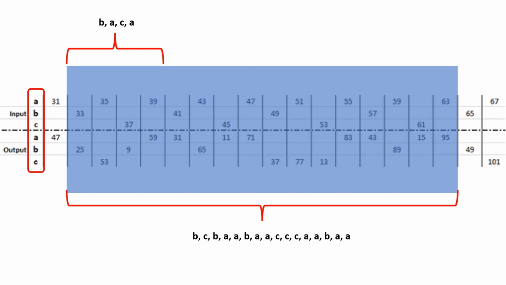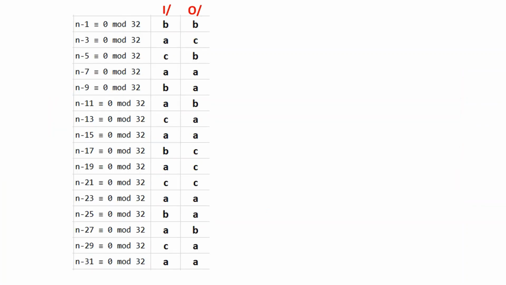For the output, we see a 16-unit combination that repeats infinitely. So what is the precise relationship between them? Each of these 16 output states is hardwired according to the input position of operation A, B, or C.